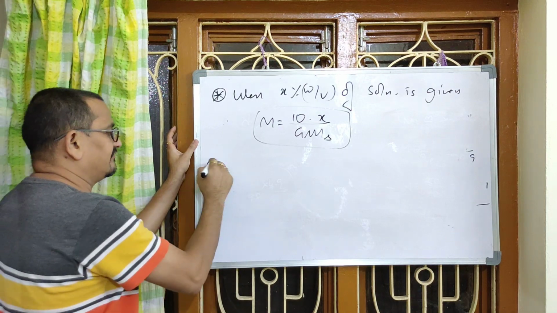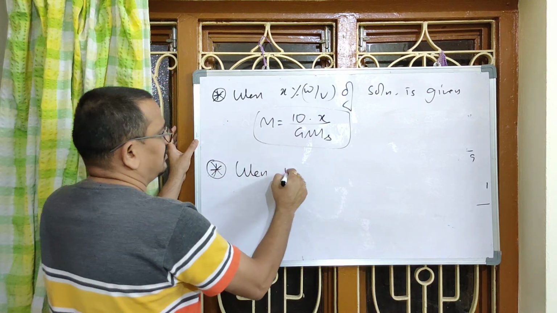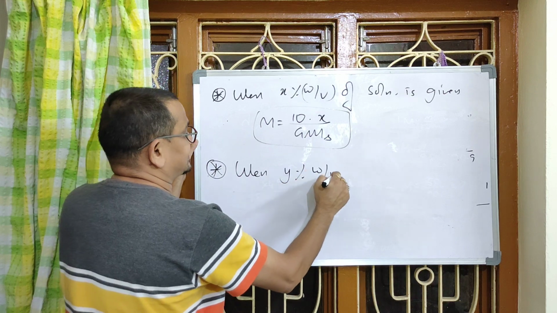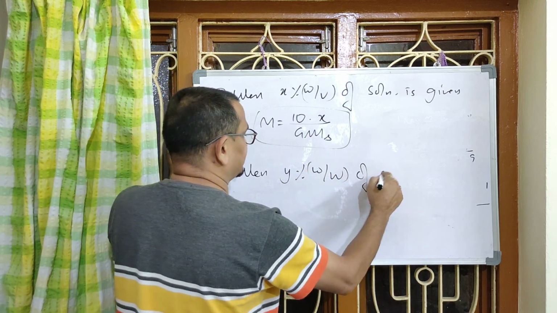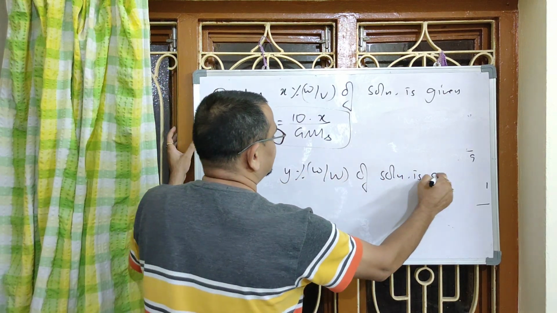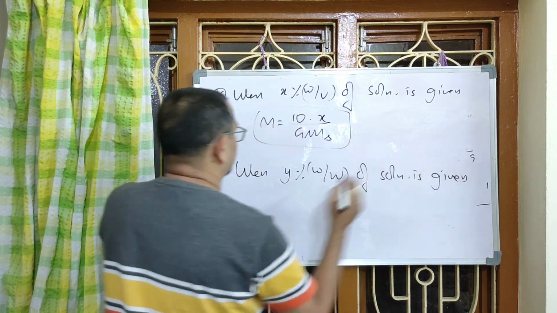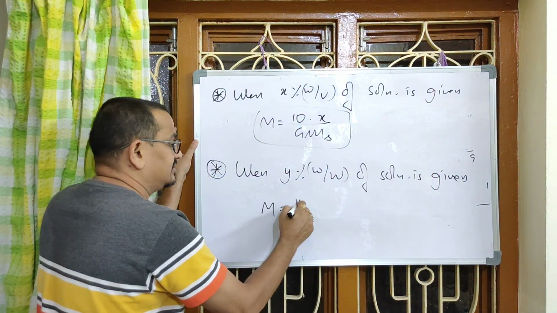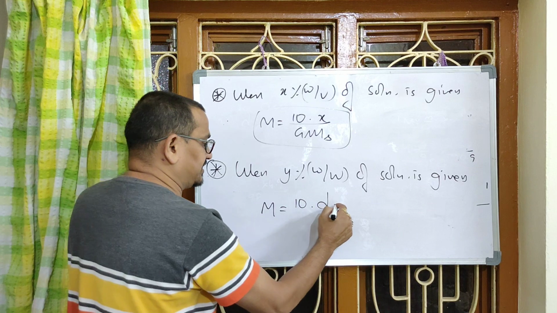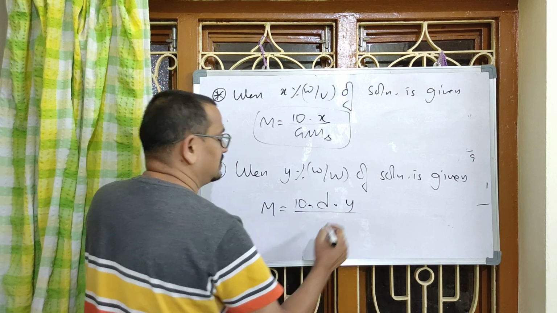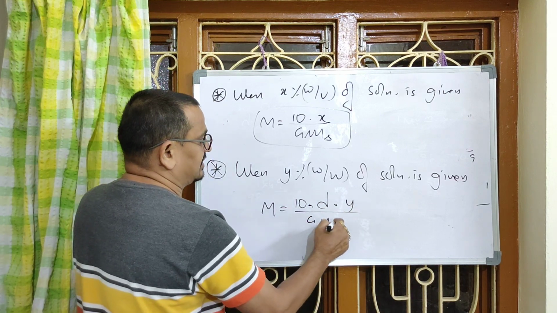Similarly, when percent by mass of solution is given, how do you find molarity? 10 into density into percent by mass value by gram molecular mass of solute.